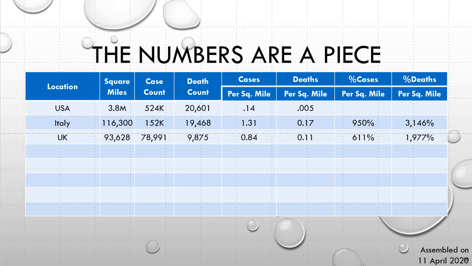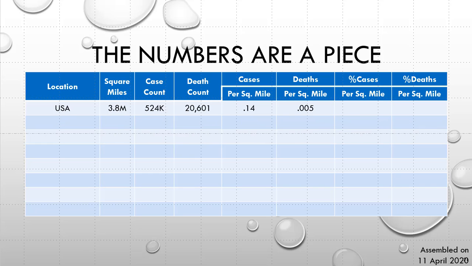So I decided to also look not only at countries, but also in my own neighborhood in Maryland. If I look to where I live down in St. Mary's County, we are sized per Google at 764 square miles. We've had 73 cases, no deaths yet, thank goodness.